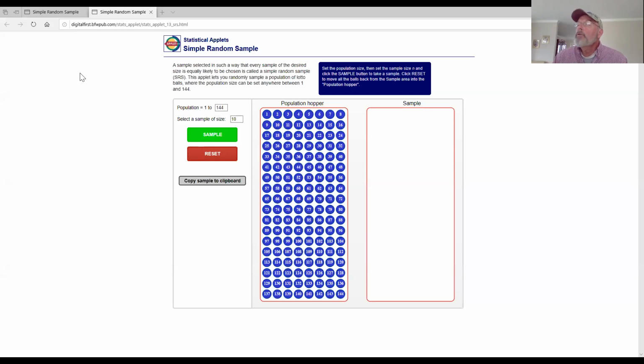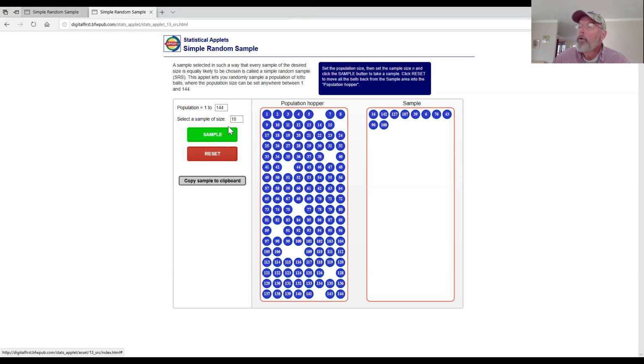Okay, so what am I trying to impress you with? Number one, that we have a population, okay? And in this population, we have 144 numbers, all right? And we can start to think about a sample size of, say, 10. If we wanted to use that, we would take a sample. And so this generator has now generated from the population 10 random numbers.